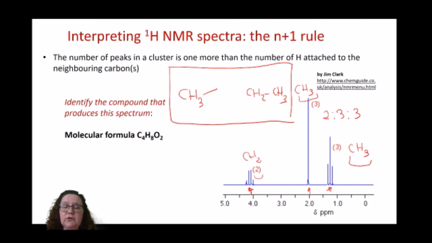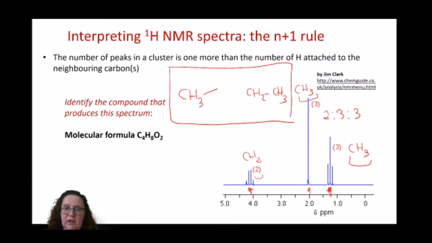If you look at a table of chemical shifts, it shows that these peaks around 1 ppm, between 1 and 2 ppm, are typical of hydrogens that have a nearby carbonyl group.